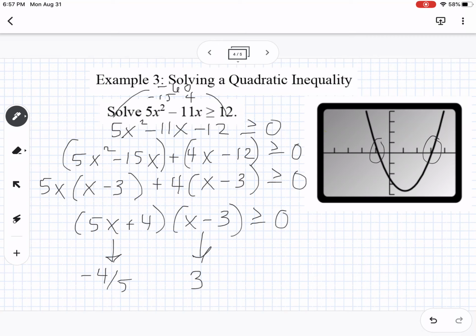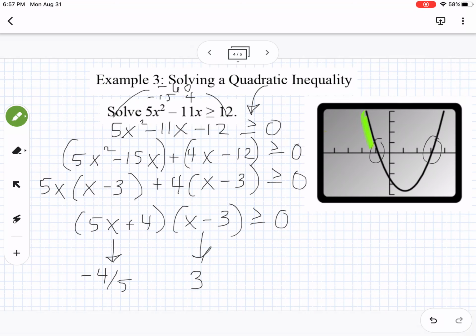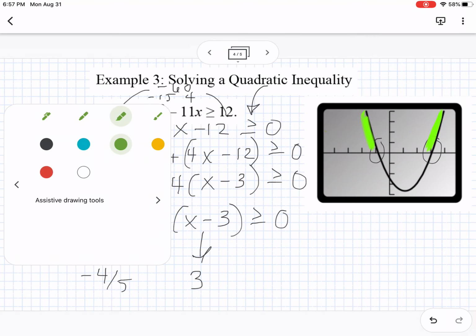So this is asking us, where is this going to be greater than or equal to 0? So we want to write this as intervals. Where is my graph going to be above that x-axis? So let's take my highlighter here. So this area here and this area here are both above the x-axis.